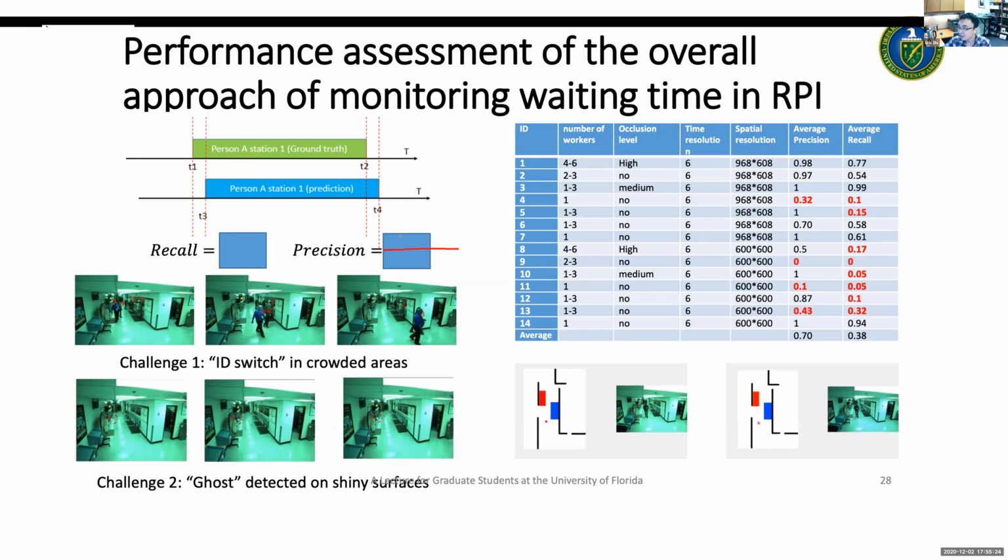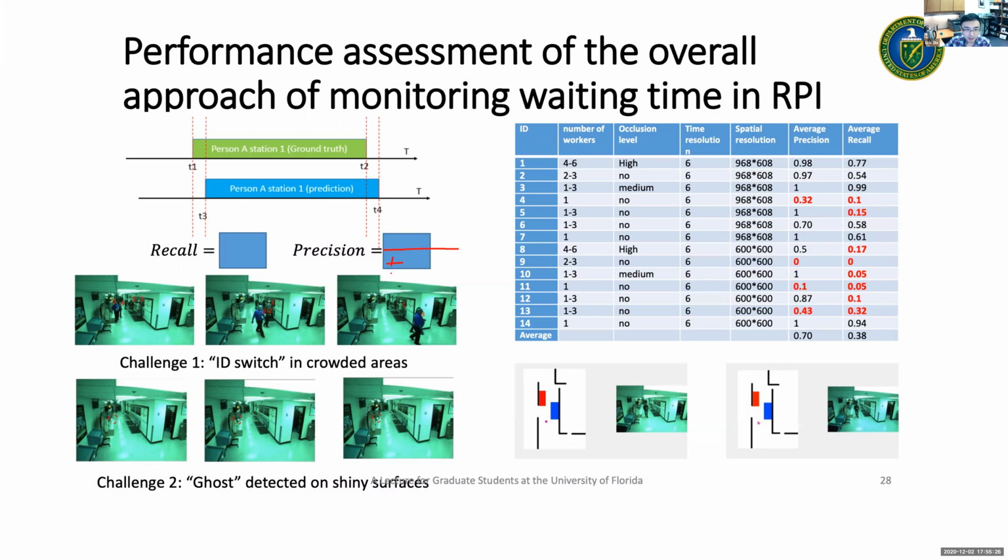Correct. Who said that? Junyi? Okay, so let's do that. T4 minus T3, that is all my predictions of my interested event. Correct? So that's T4 minus T3.